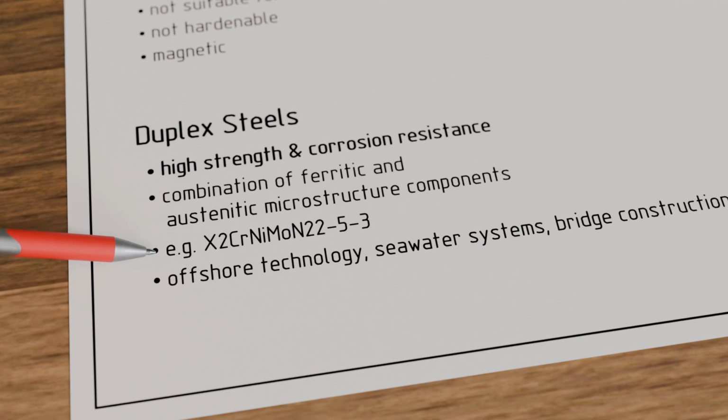It is therefore highly suitable for applications in aggressive environments, such as in offshore technology, seawater plants, the chemical industry, or bridge construction. In addition, the strength of duplex steel is approximately twice as high as that of conventional austenitic steels, which often allows for weight or material savings. However, processing, especially welding, is more challenging than with conventional corrosion-resistant steels.